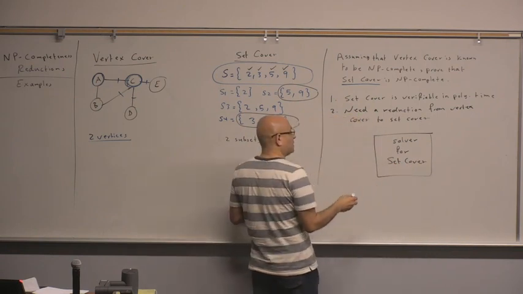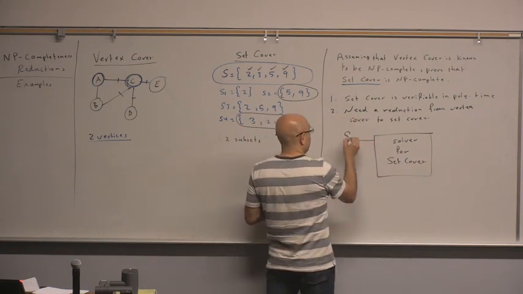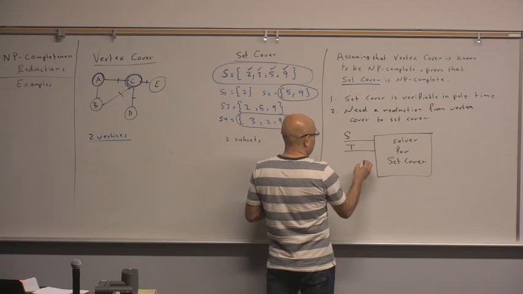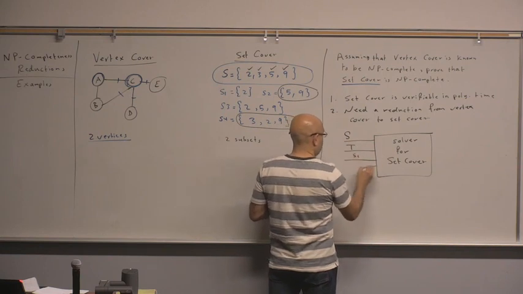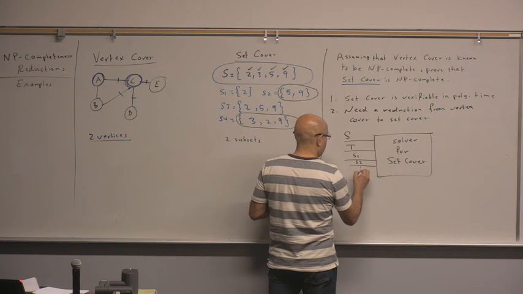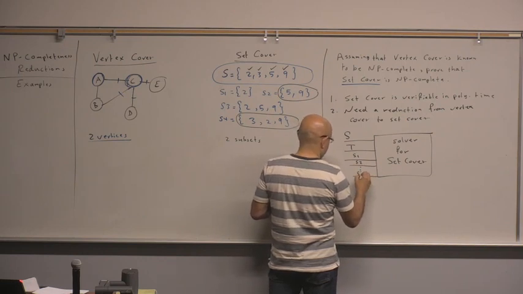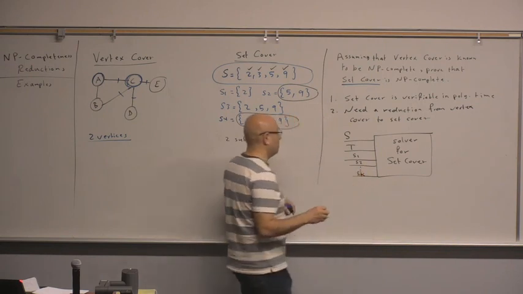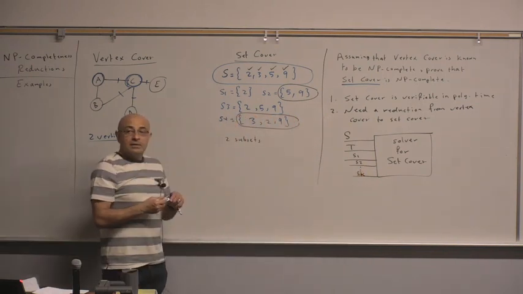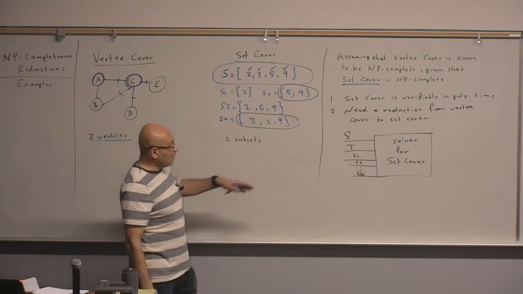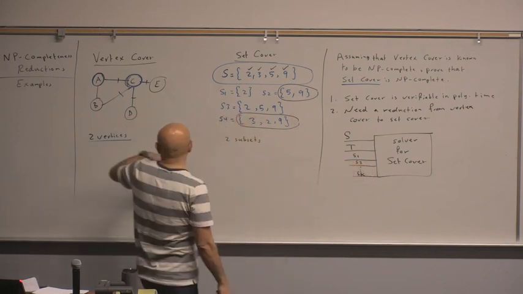This solver for set cover is going to take the set, the target, and a bunch of subsets, S1, S2, through Sk. Now, how can we use this to solve vertex cover?